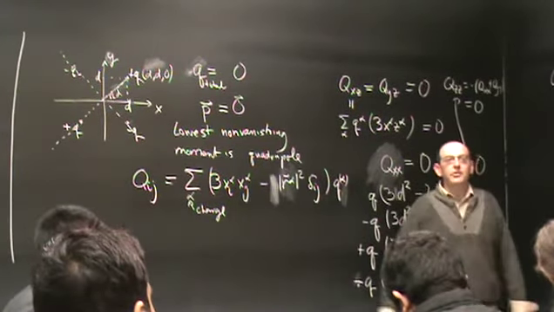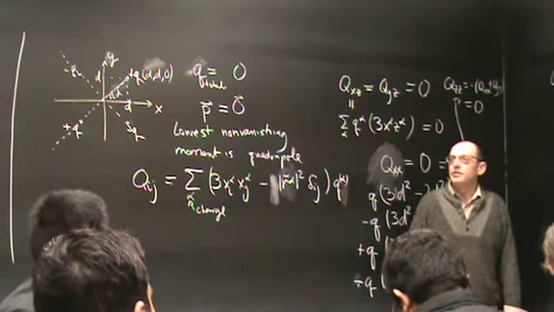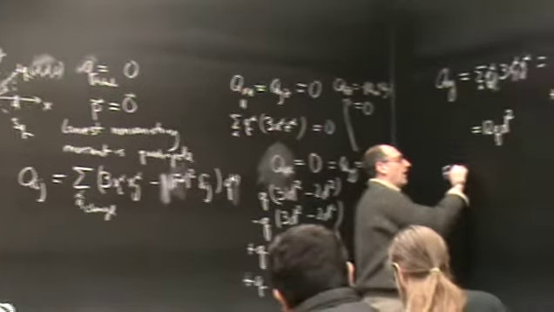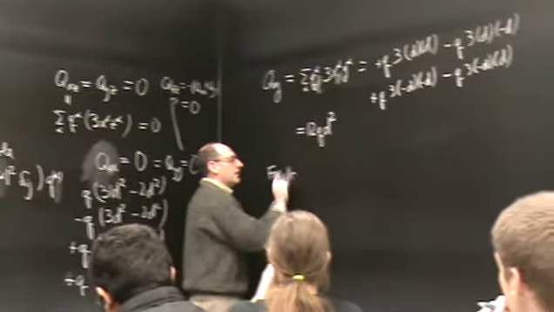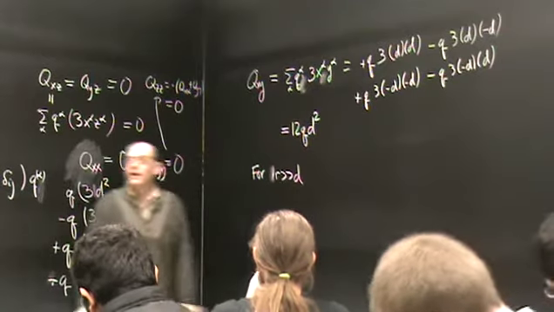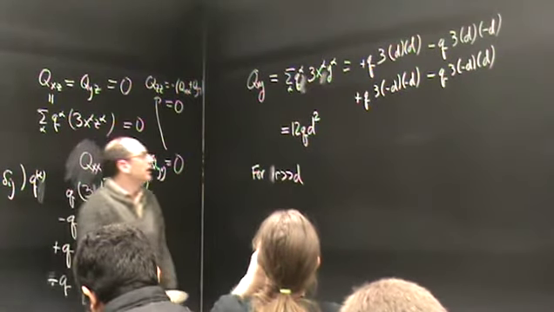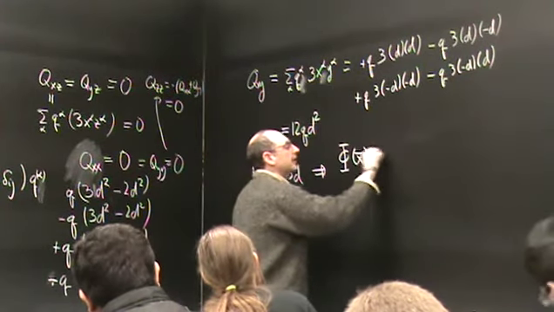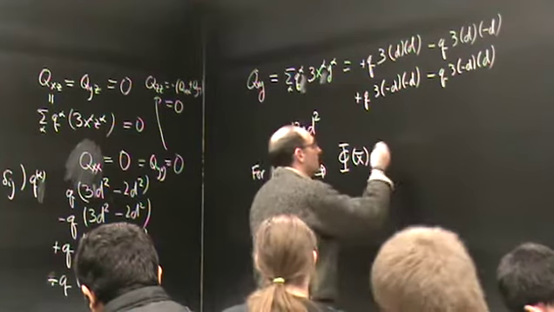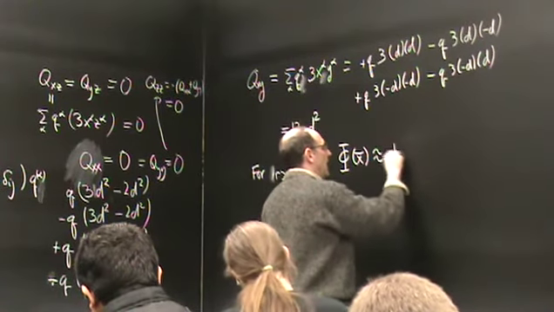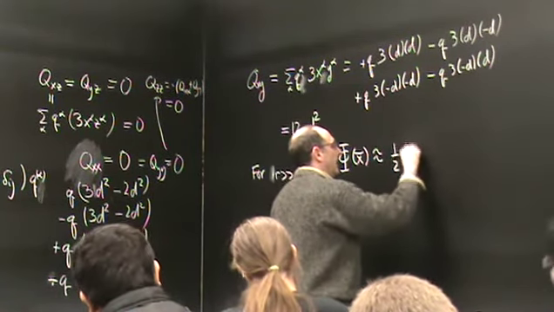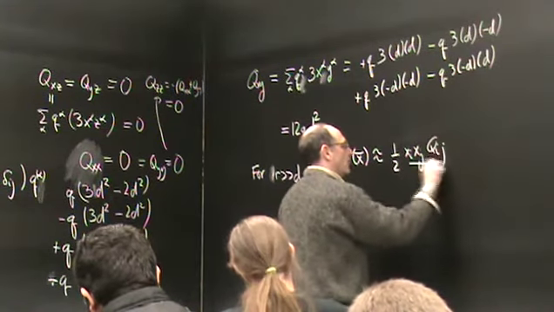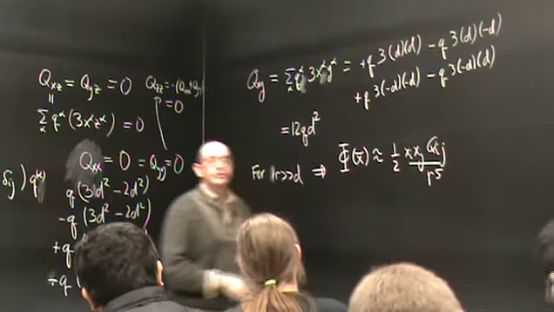So what is the potential associated with this distribution to lowest order? For r much bigger than d, when I'm far away from the distribution, we expect the potential to be approximately equal to a half xi xj qij over r to the fifth. That's the quadrupole potential that we just wrote down.